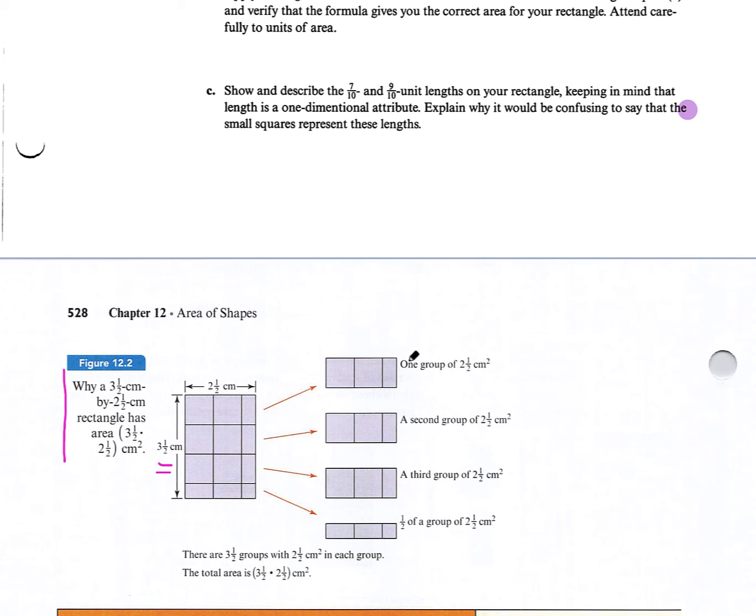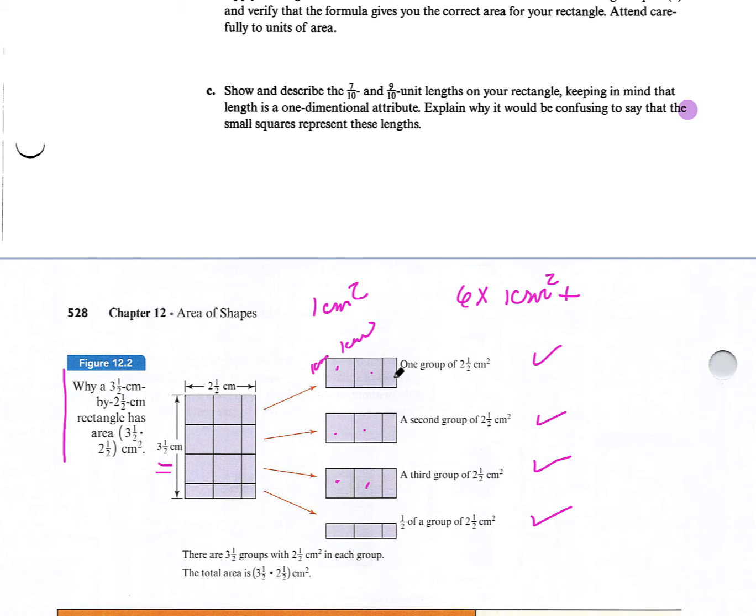So that means we've got 1, 2, 3, and then a half of a group. And that's how we can find out the area. Each one of these blocks is 1 centimeter by 1 centimeter, or 1 square centimeter. So we've got 1, 2, 3, 4, 5, 6 of those square centimeters.